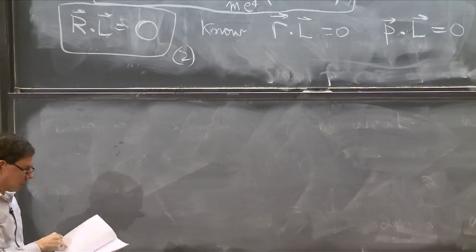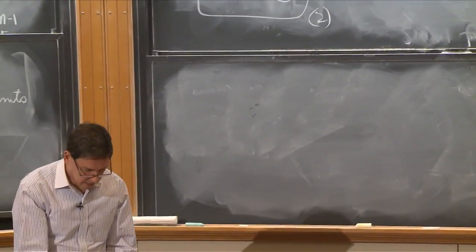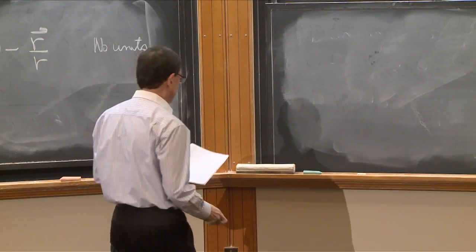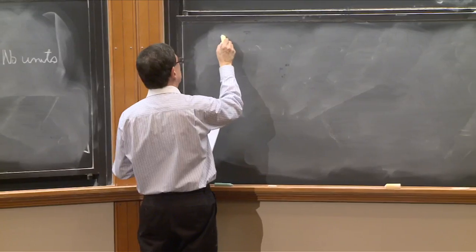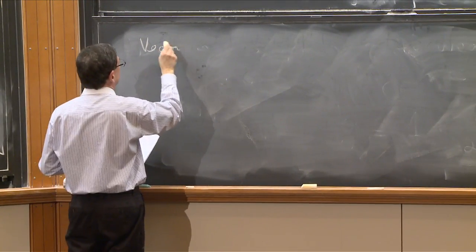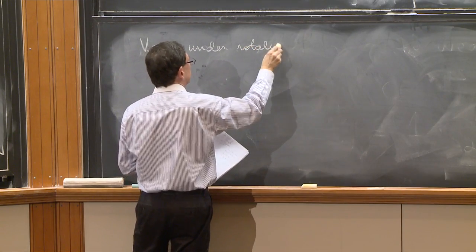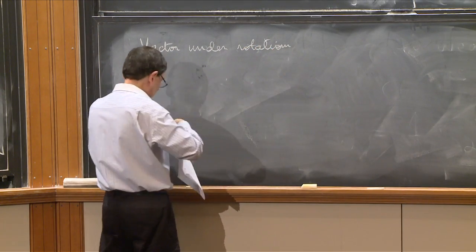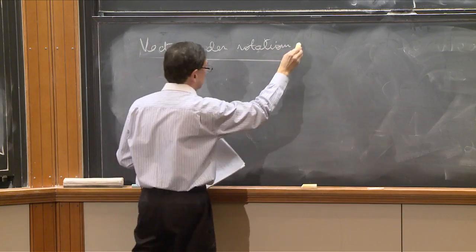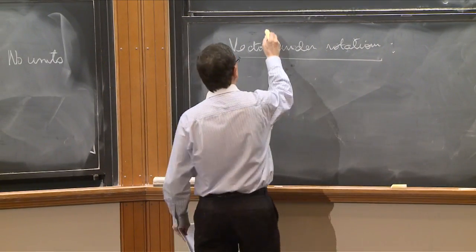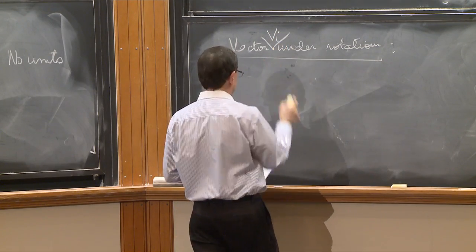Now, let me remind you of a notation we also had about vectors under rotations. So what was a vector v i under rotations?